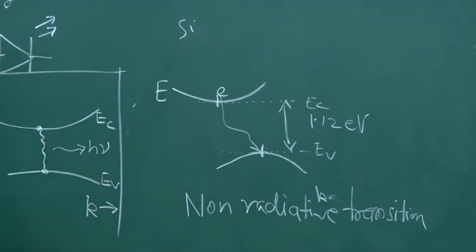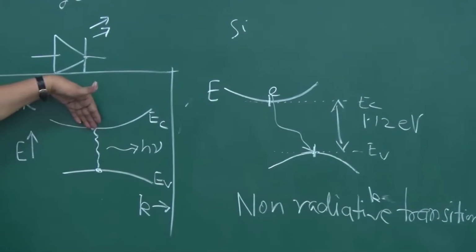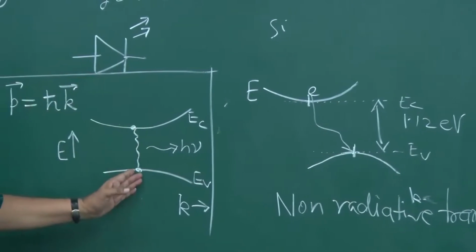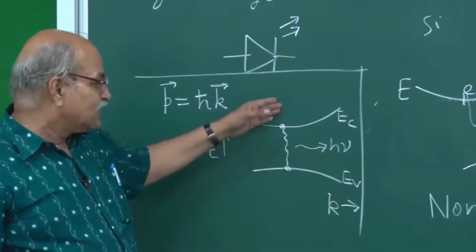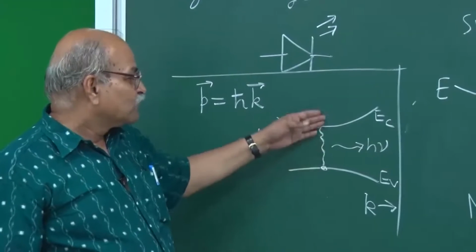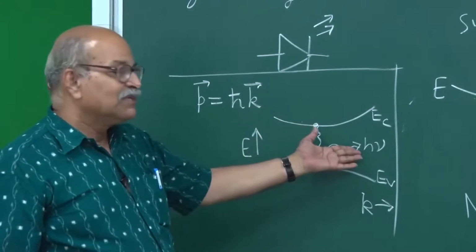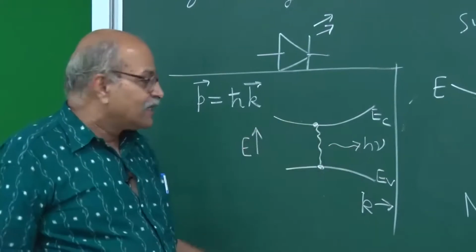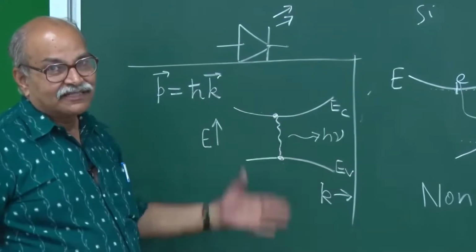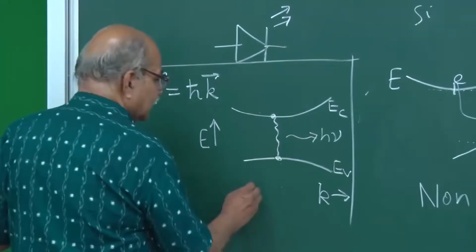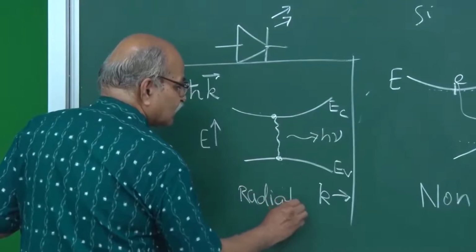And here it is a radiative transition. Here the bottom of the conduction band and the top of the valence band occur almost at the same k. So only a very small amount of momentum change is involved, and a photon emission can take care largely of that momentum conservation as well as energy conservation. So this you call a radiative transition.